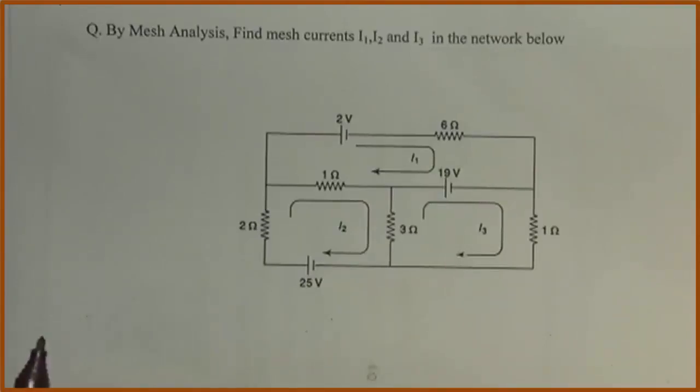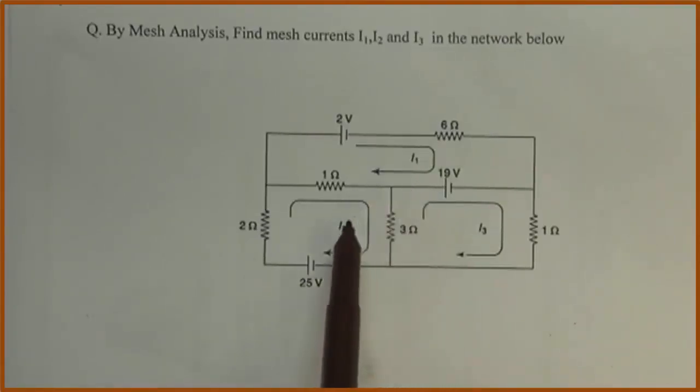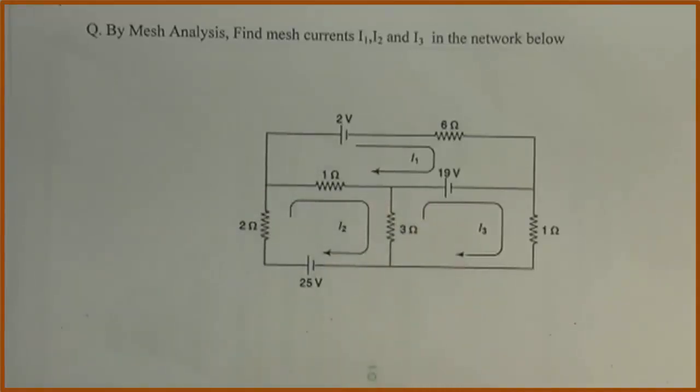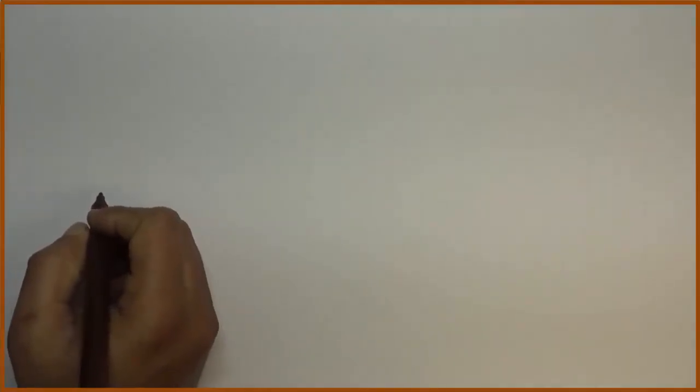Now by applying the mesh analysis technique, we have to find out the values of I1, I2 and I3 in this problem. So let us start the problem. Let us redraw this circuit and assign the nodes to the circuit.